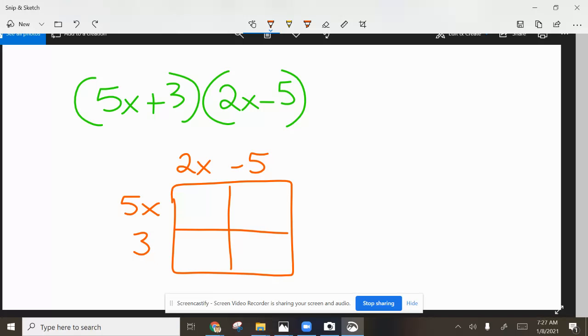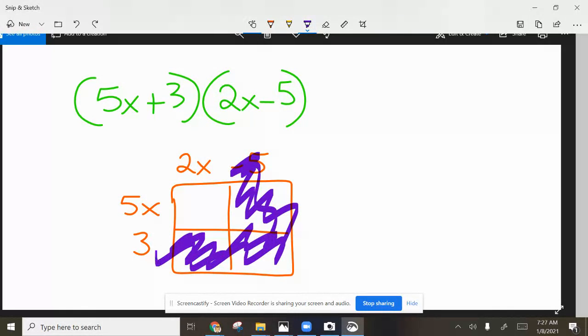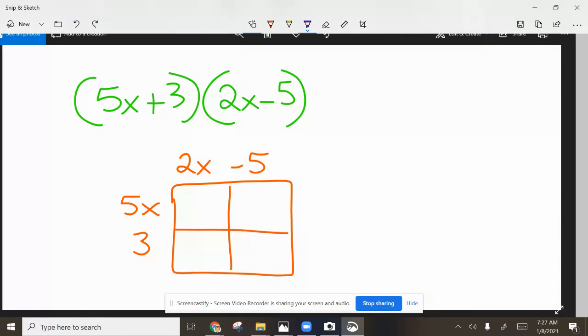That's a negative 5. And now, when you look at it, you're only caring about one box at a time. You don't even look at any of these other boxes. All you're worried about is that 5x and then 2x. So when you do the 5x and the 2x, you multiply those together and you get 10x squared. So 10x squared goes in there.